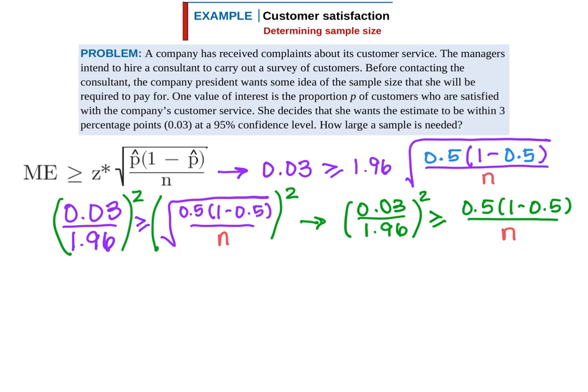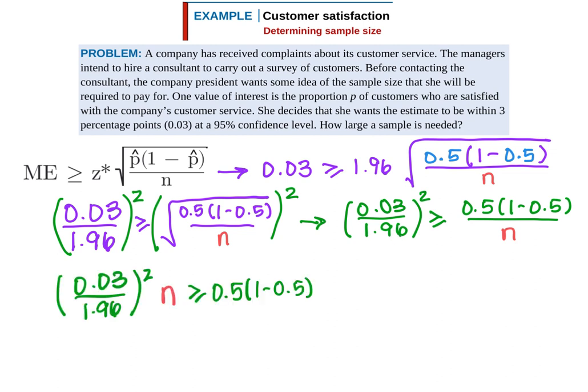And so what I'm now going to do is I want to get this guy by itself. One way to do that is to multiply both sides by n. We get this guy, because that n will cancel, and we give this side an n. And we want this by itself, so we're going to divide both sides by this quantity, and that is going to give us an n value.